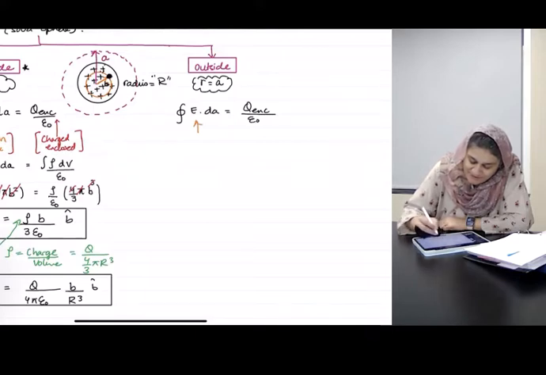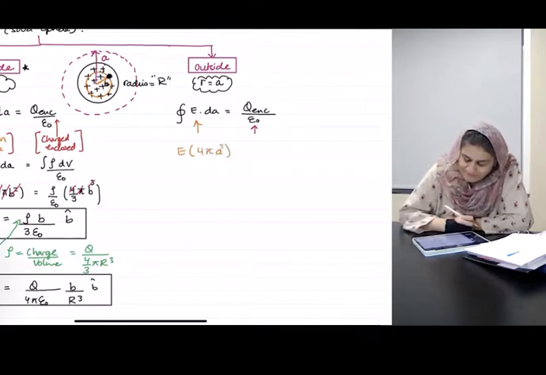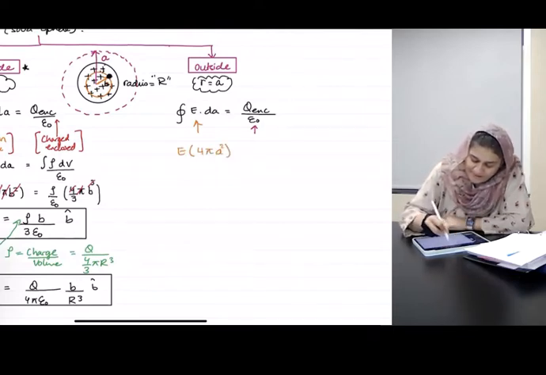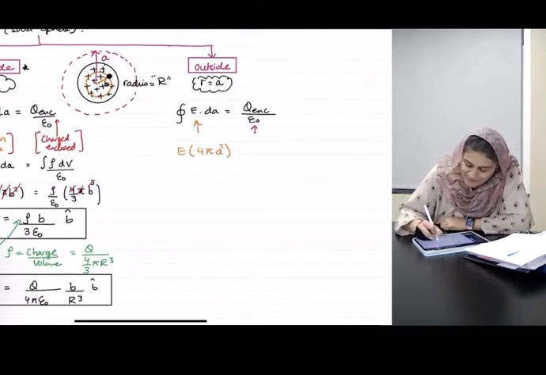This side is my charge enclosed. So this side becomes E 4 pi A squared. And this side becomes rho over epsilon naught, and dV will be 4/3 pi r cubed.